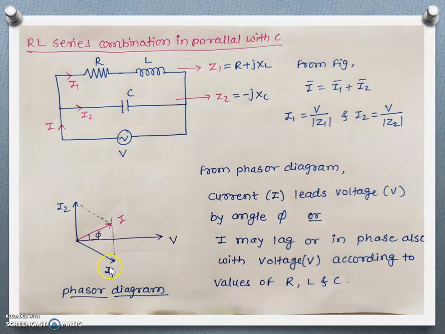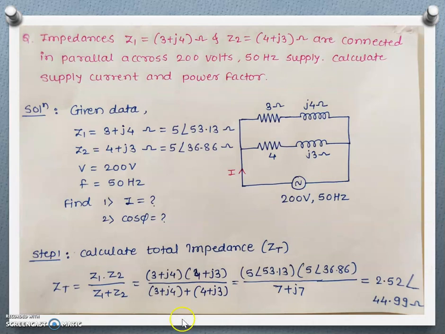If I1 and I2 are such that I is in line with this voltage, then they may be in phase with each other. These conditions depend upon the values of R, L and C. So current in this case may lag also, may lead also, or may be in phase also, according to the circuit conditions.